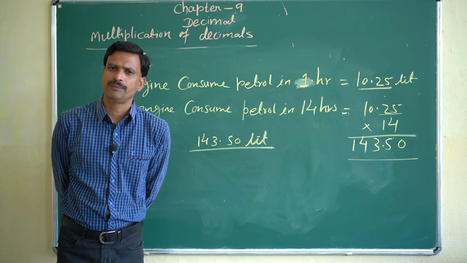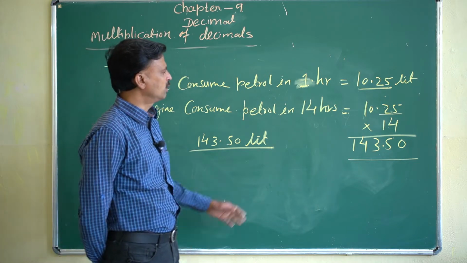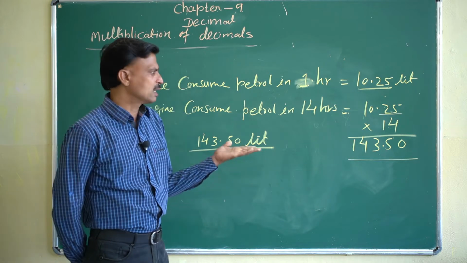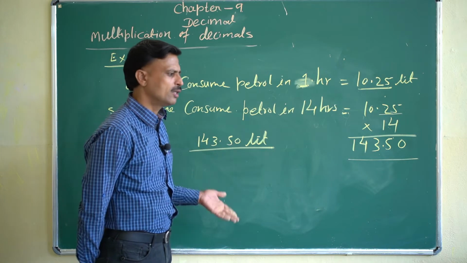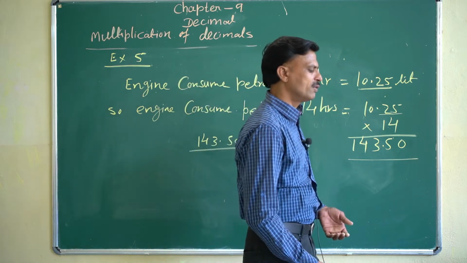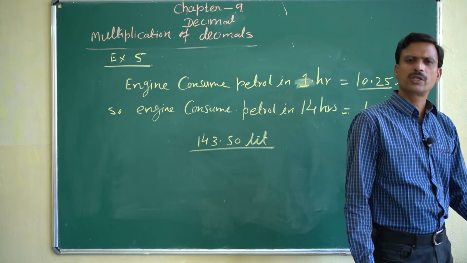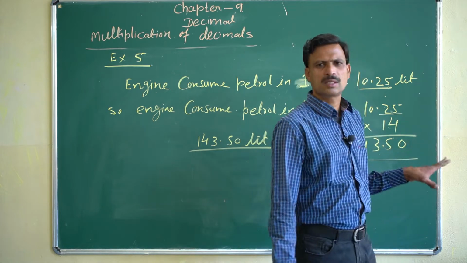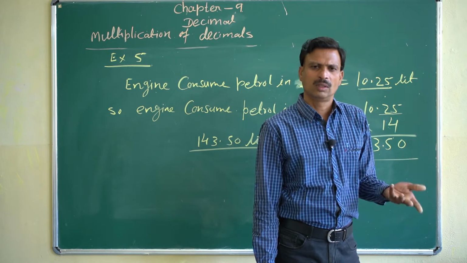Any doubt, confusion? No. So this is a word problem related to multiplication. The others are also the same. In these, 4 or 5 word problems are given, whose solutions I'll send you through the PDF. But remember how we write the statement.